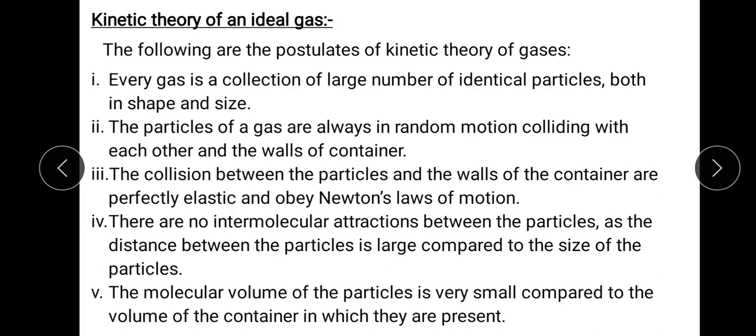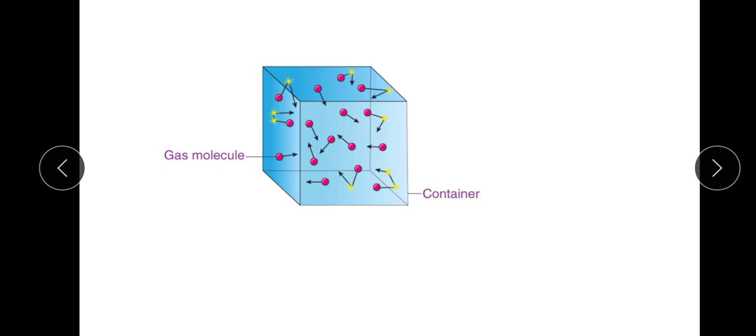Next, the fourth point is this: there are no intermolecular attractions between the particles, as the distance between the particles is large enough compared to the size of the particles. If this molecule is moving, its motion is unaffected by the presence of other molecules. Why?